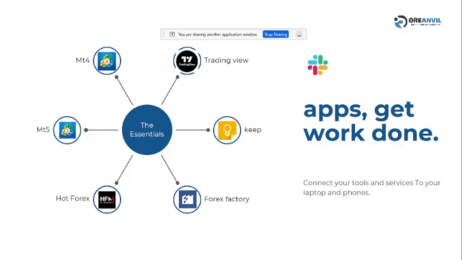For you to enjoy and get every ingredient from this bootcamp, you will have to download these apps on your Play Store or your Apple Store if you are an iPhone user. One of the apps is the MetaTrader 4, and we have here the MetaTrader 5. These two platforms are the trading platforms where you are executing your trade, buying and selling.